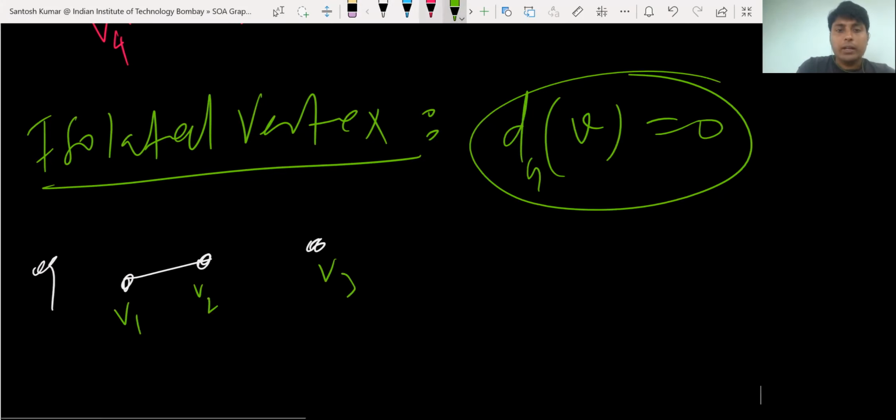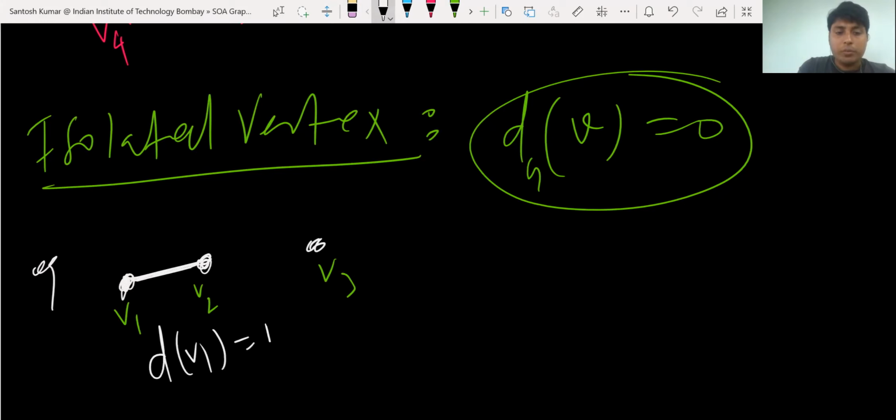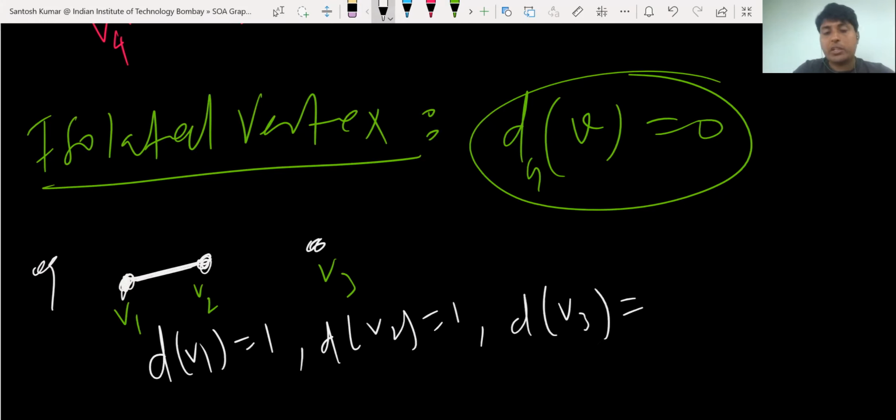The graph consists of 3 vertices. The degree of v1 is 1 because it is incident to one edge, and the degree of v2 is also 1. What is the degree of v3? There is no edge incident to v3, so the degree is 0.